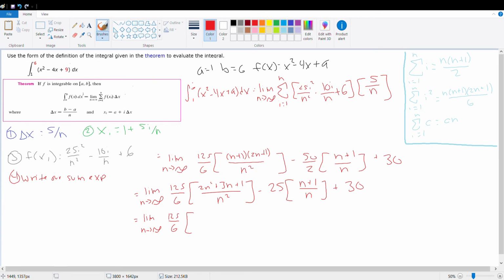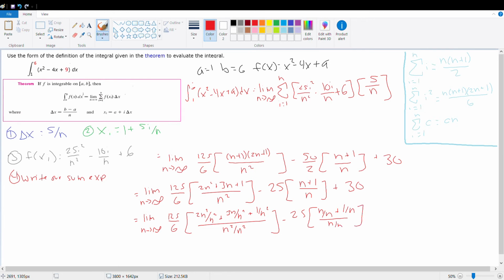And so what we're going to do is 2n squared over n squared plus 3n over n squared plus 1 over n squared, right? Over n squared over n squared. This is just about evaluating this limit. And so in this particular case, this quotient is n over n plus 1 over n over n over n.